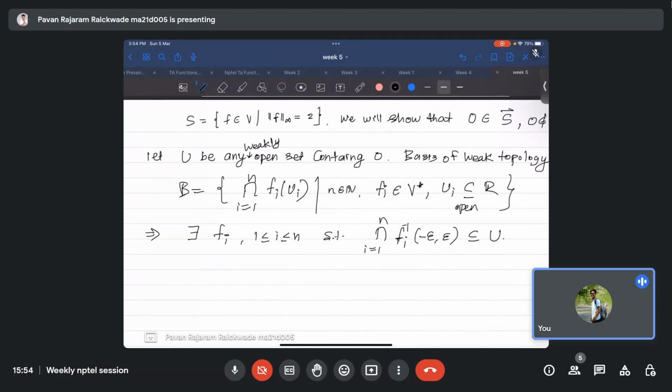I'm taking U_i as minus epsilon to epsilon for every i. U_i can be anything, but if I take the intersection of all those U_i's, this will also work.